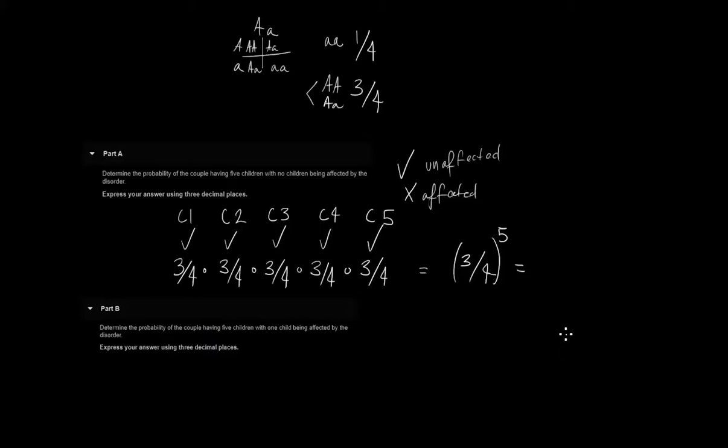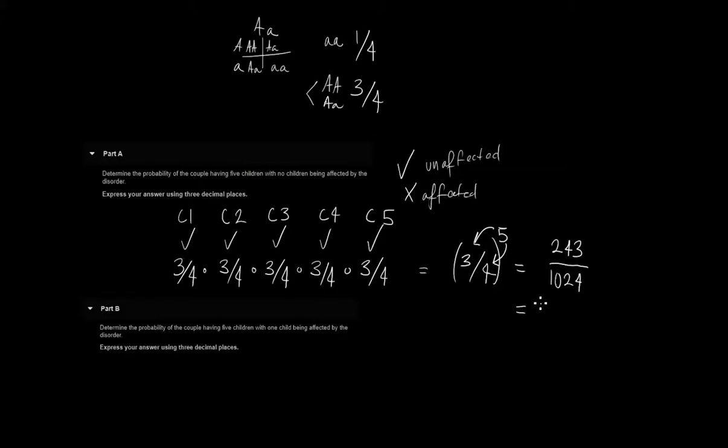Whenever you have a fraction that's being raised to a power, for example 3/4 to the 5th, you distribute the exponent to the numerator and the denominator. So 3 to the 5th is 243, and 4 to the 5th is 1024.